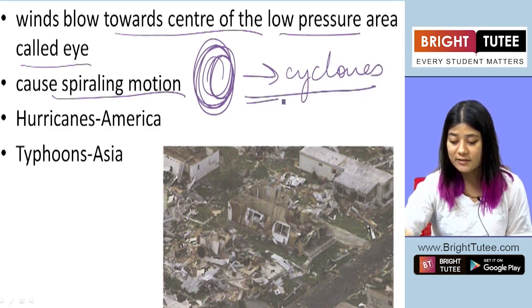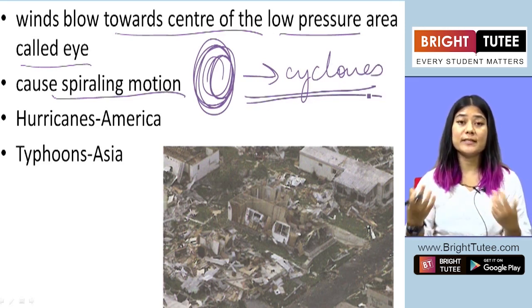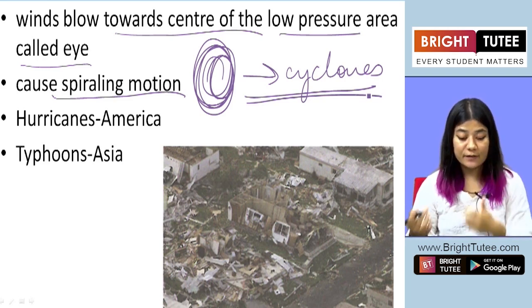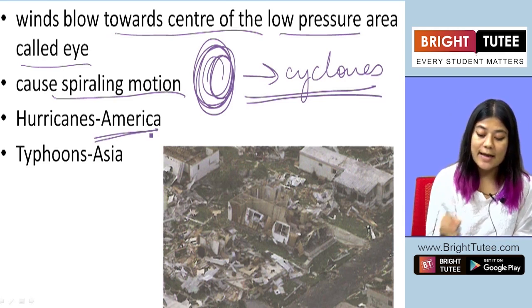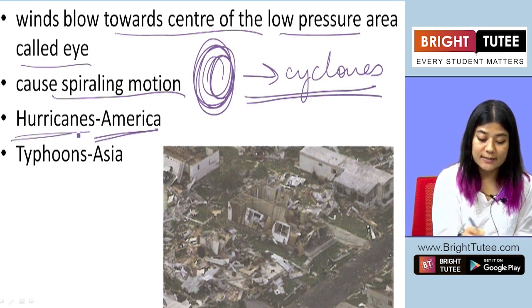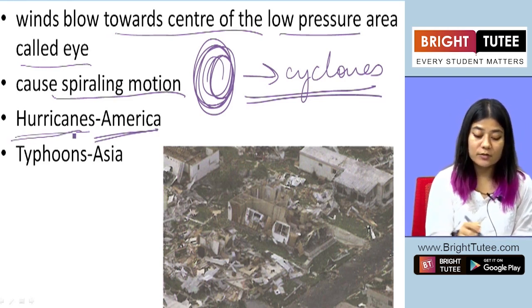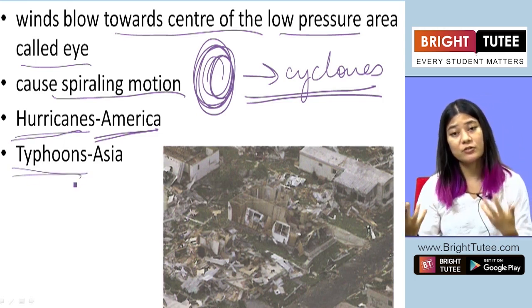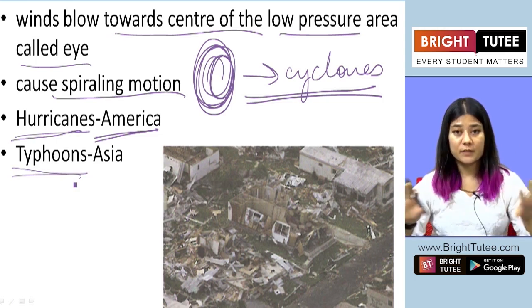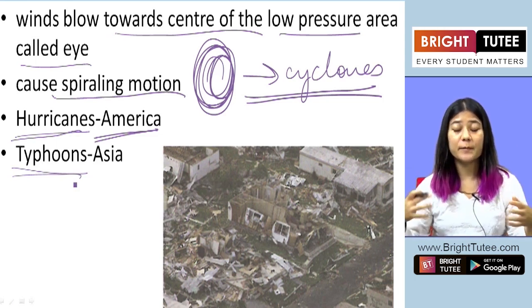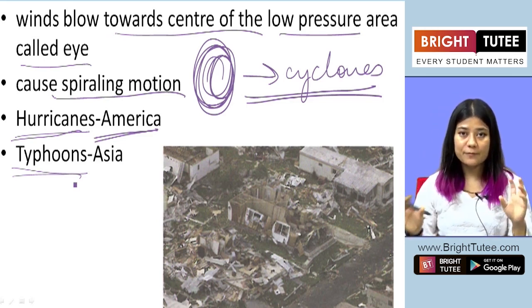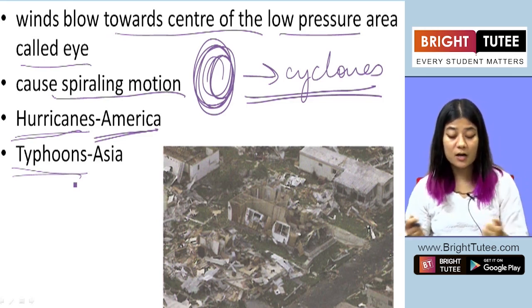Now cyclones are called by different names in different countries. For example, in America, cyclones are called hurricanes, and in Asia, cyclones are called typhoons. So both are the same. They are both cyclones, but because of being different parts of the world, they are called by different names in these two parts of the world.